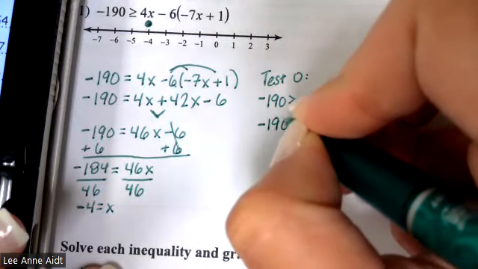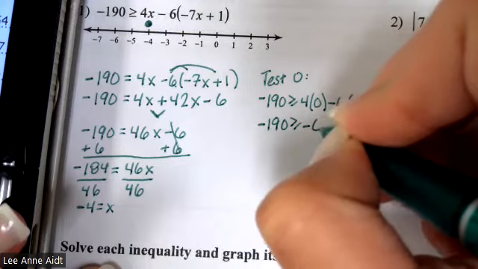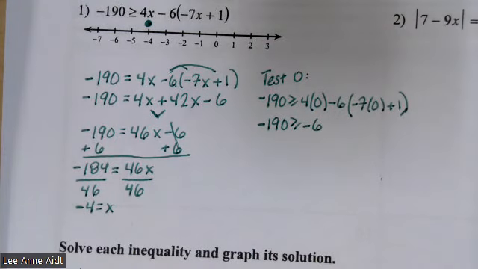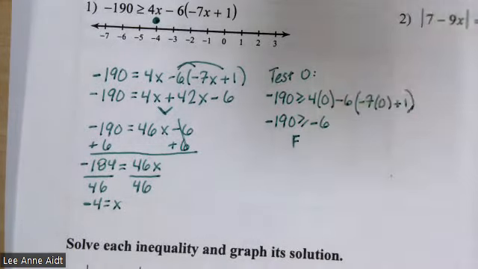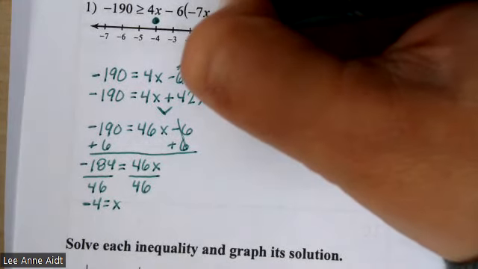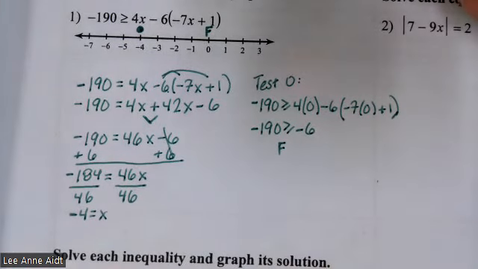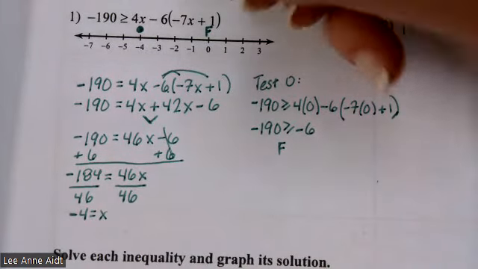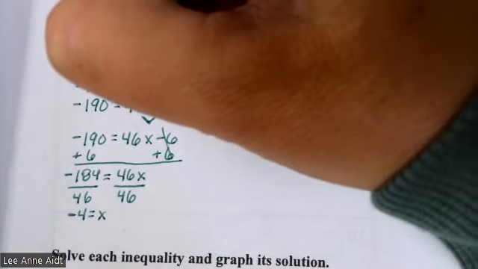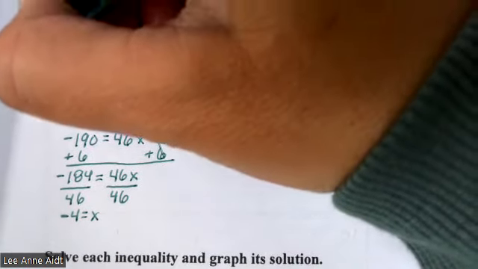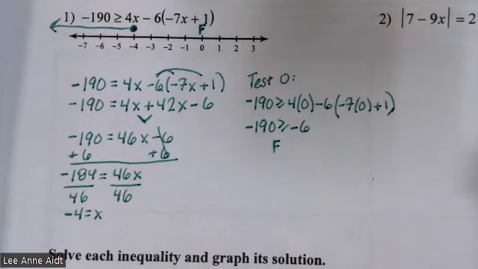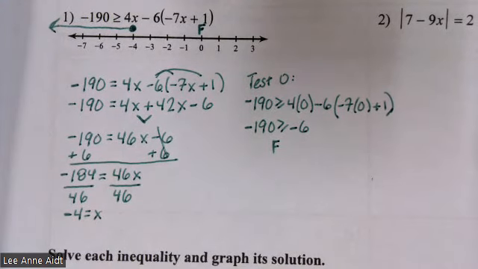Negative 190 is greater than or equal to negative 6. Happy Croc? No, definitely not happy. So I'm going to put the false right on the 0, which is what I plugged in. And that means the other side is true. And I always put my arrow toward the true, or shade toward the true.